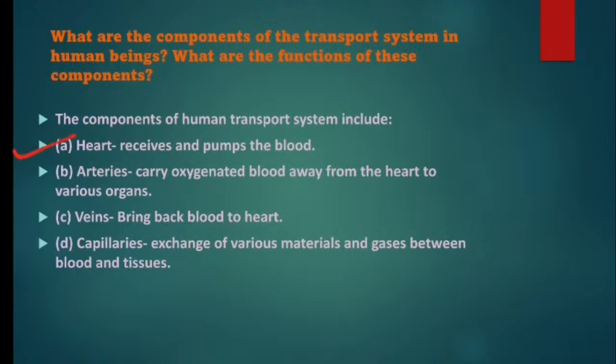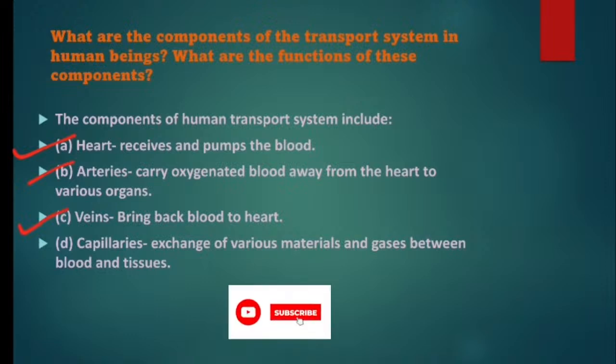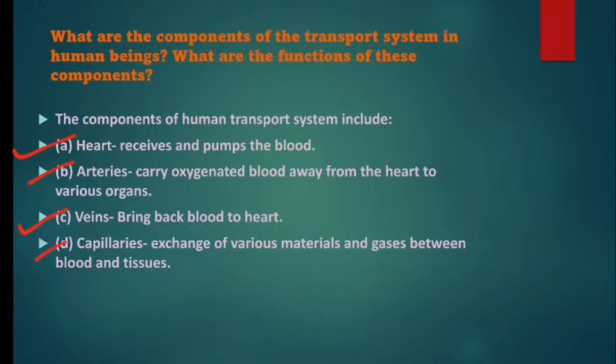These are the vessels that carry the oxygenated blood from the heart to different parts of the body. Then you have the veins that carry deoxygenated blood from different parts of the body to the heart. And then you have the capillaries, where the exchange of various materials and gases takes place between the blood and the tissue. And you can also write about the blood.